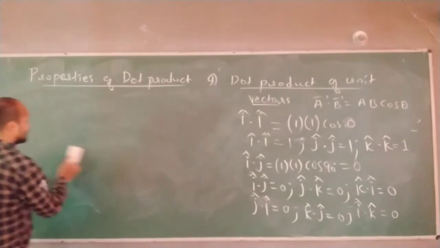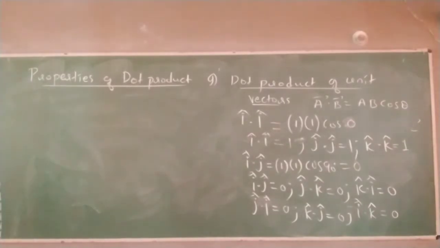Let us take another one. What is that? Almost all the things are finished. Dot product of two vectors in 3 dimensions.